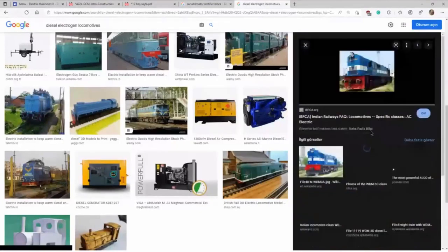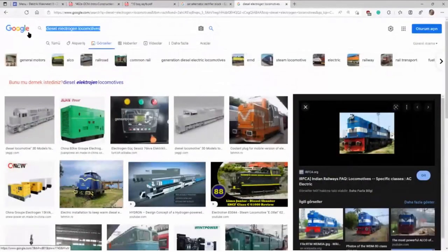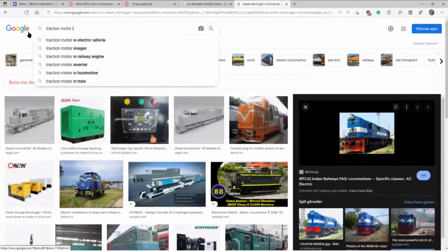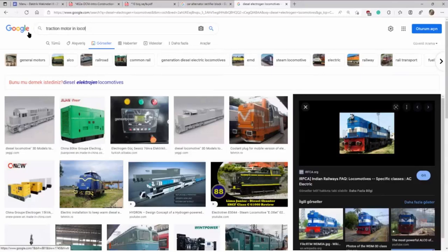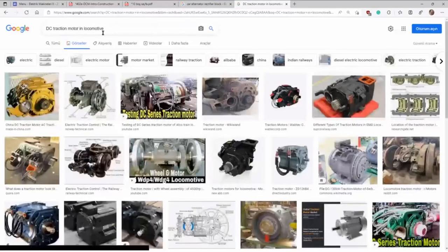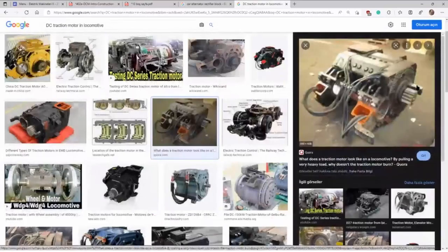We also use DC motors in traction. Let me show you a traction motor in locomotives. Locomotive DC traction. Okay, DC traction motor. In fact, that is the DC traction motor.